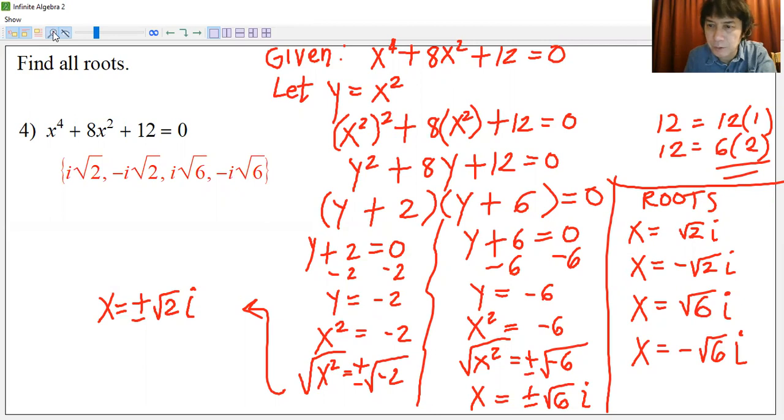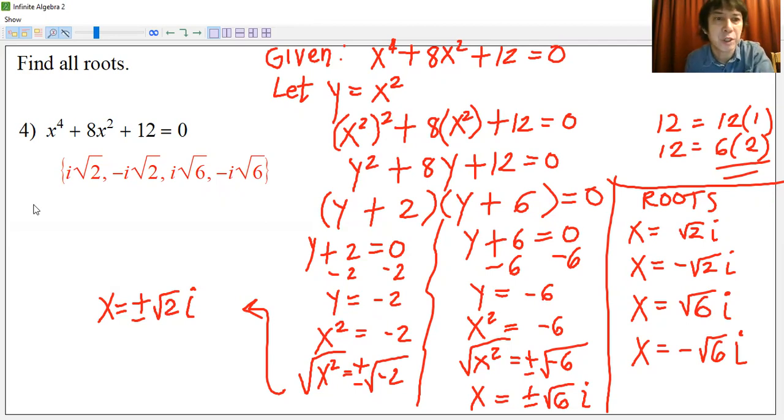Okay, so we have here the roots. That's square root of 2i or i square root of 2, that's the same. Actually, that is being multiplied, okay? So i square root of 2 and square root of 2i is the same, okay? All right, so we have the answers correct.